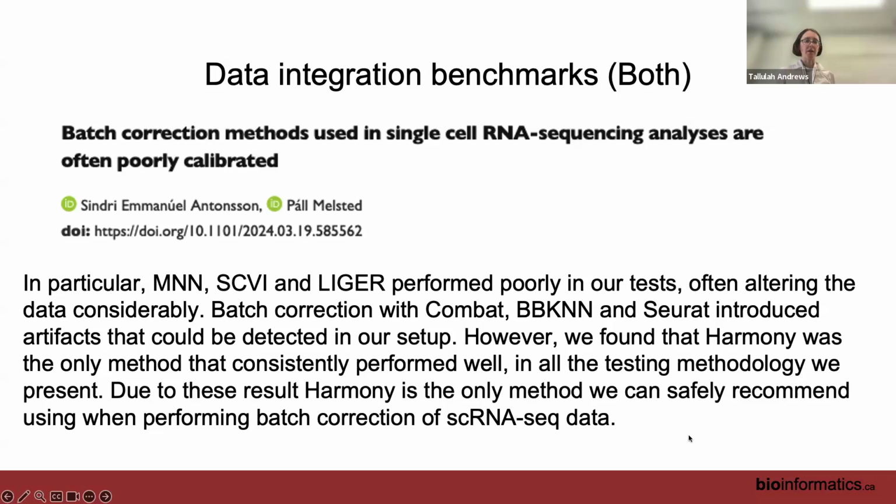They found Harmony worked the best out of all of them. That they found MNN, scVI, and Liger under-corrected, whereas Combat, PBKNN, and CCA introduced artifacts. So they overcorrected, whereas Harmony they found was the best.